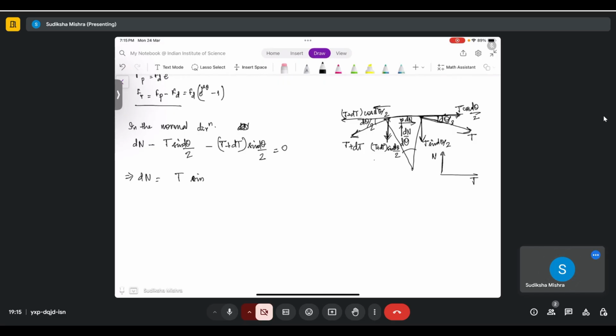Now dN can be written as T sine d theta by 2 plus T plus dT sine d theta by 2.